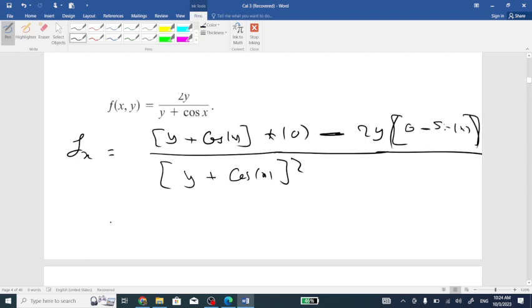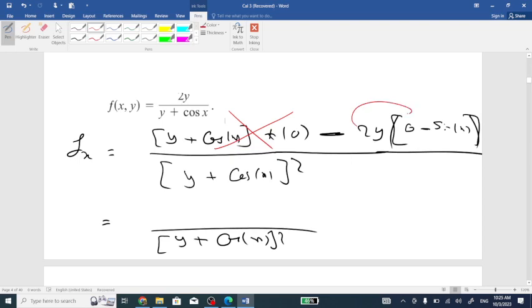Clear. Now we multiply. We will get 1 minus cosine x squared over 0. That one will be 0. Then here will be plus 2y sine of x. Am I right? Clear? Good.